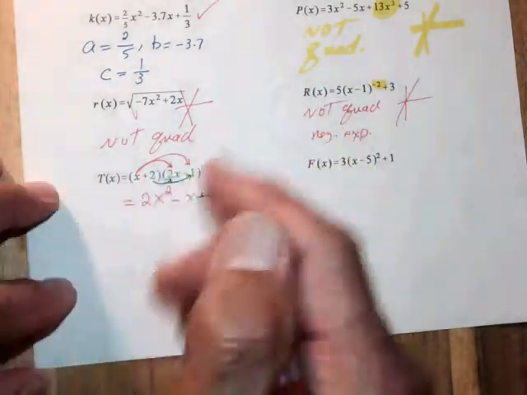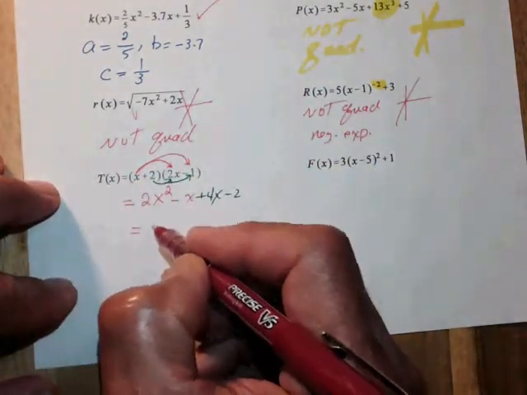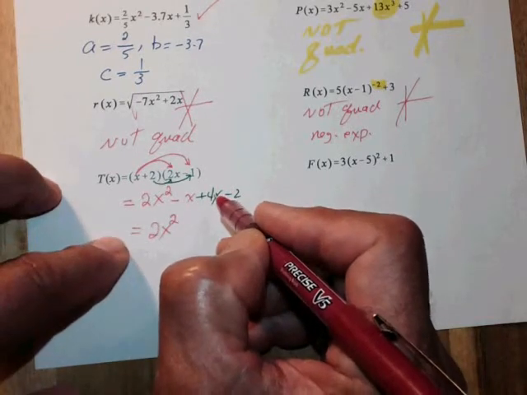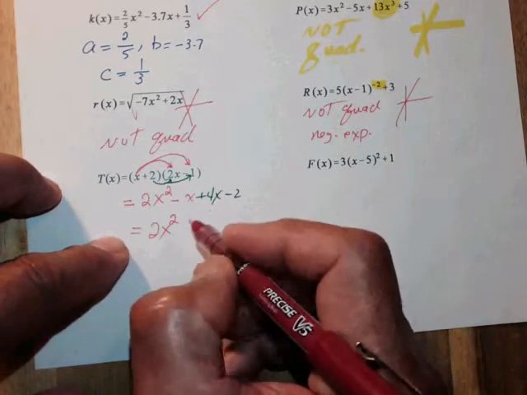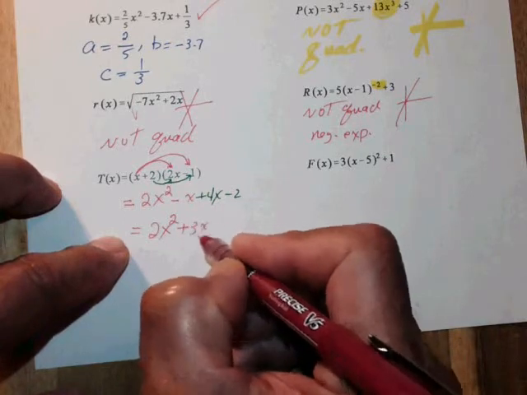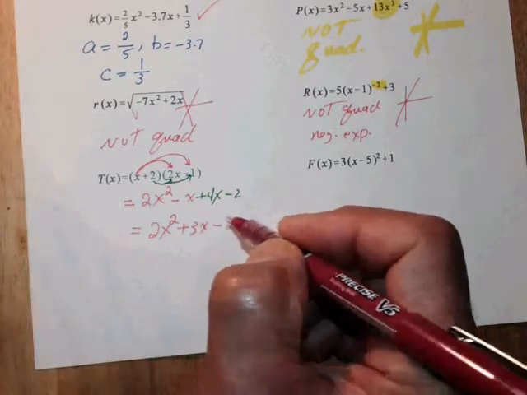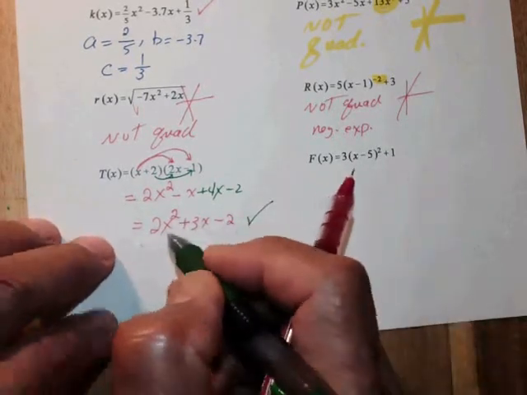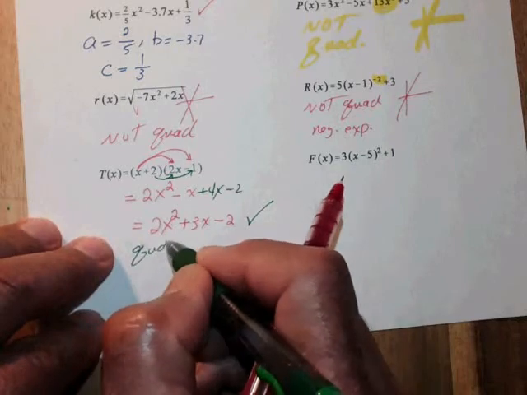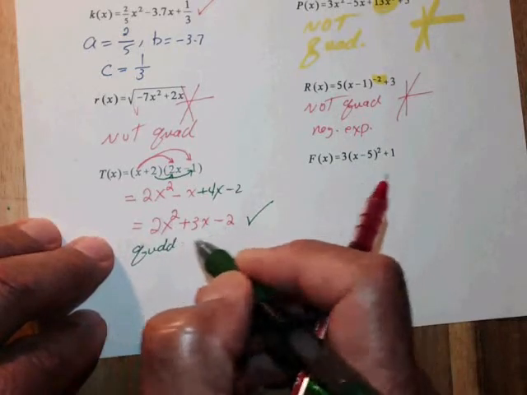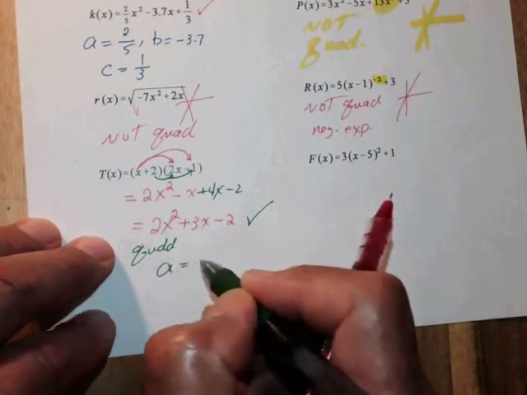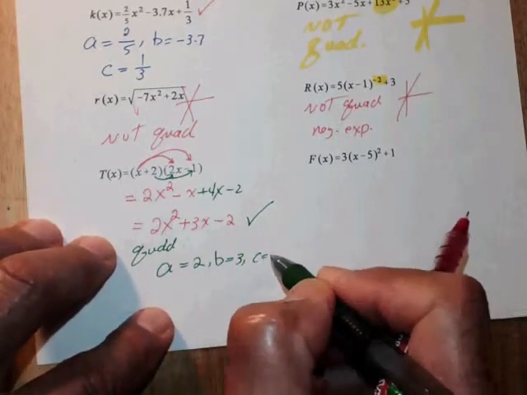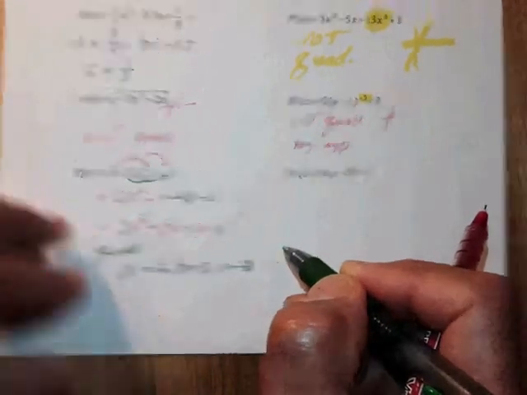So if I go ahead and simplify this, I get 2x to power 2, then you have 4x here and -x there. This gives you plus 3x, and then minus 2. And clearly it is a quadratic function. Yes, quadratic. Your a is 2, b is 3, and c is negative 2.